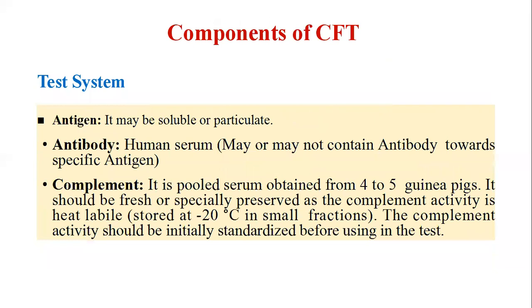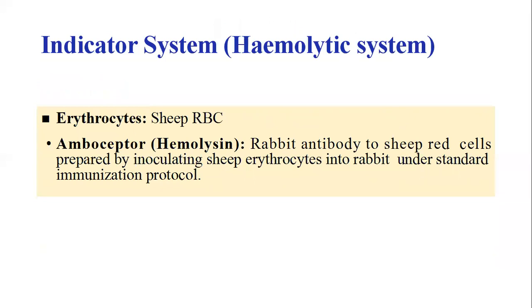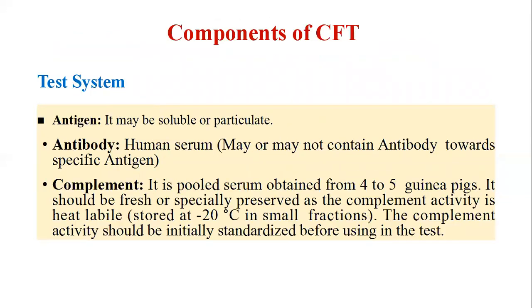The complement fixation test has 5 different components, classed as the test system and the indicator system, or hemolytic system. In the test system, there are 3 components. The first is the antigen, which may be soluble or particulate.